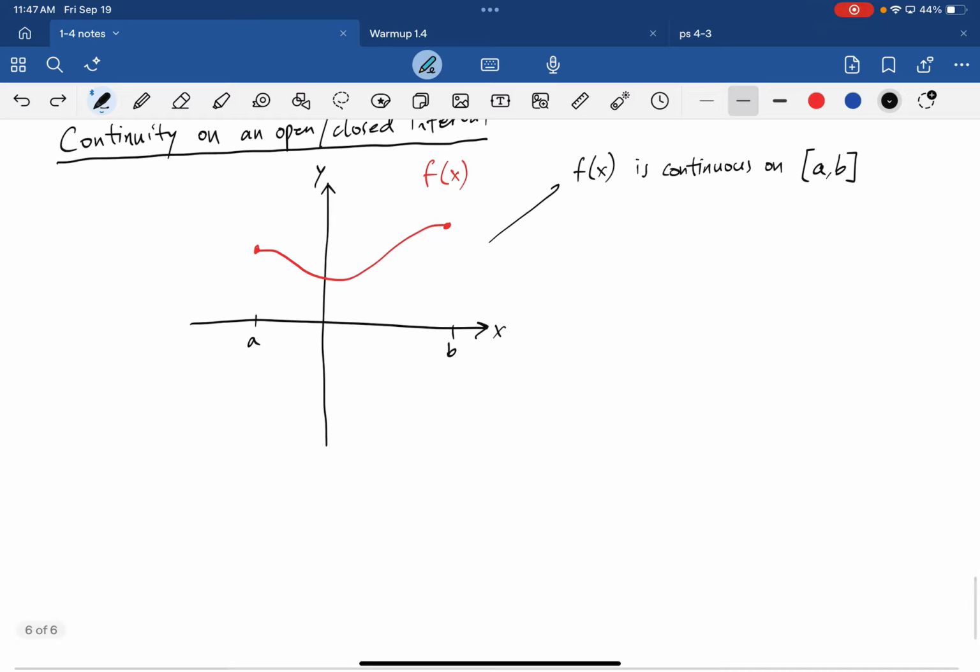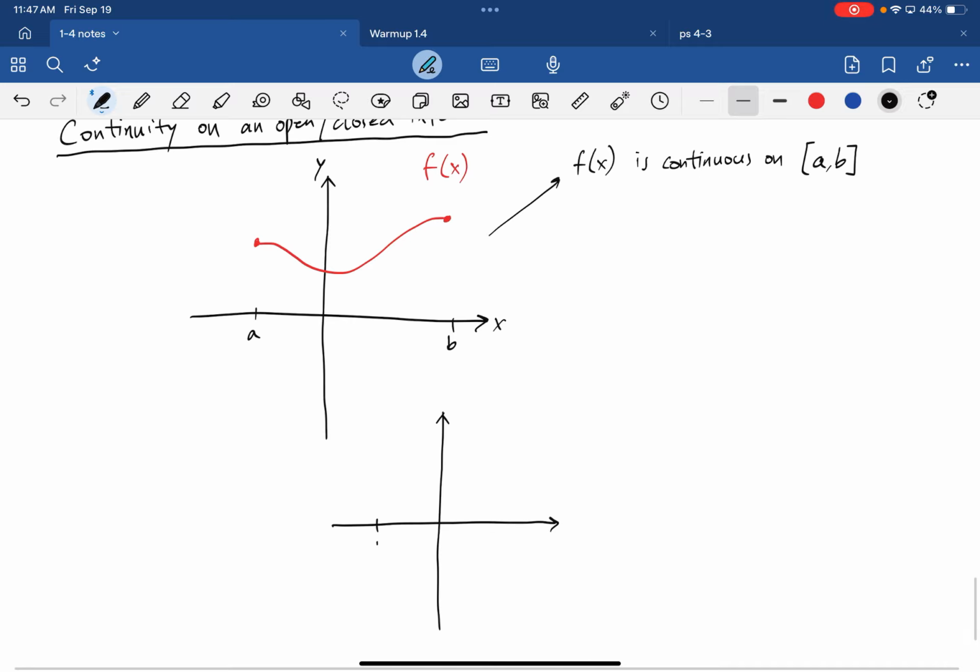Okay. On the other hand, perhaps we had a different function that looks like this. Maybe at a, the function is defined here, but it looks more like this. Something like that.